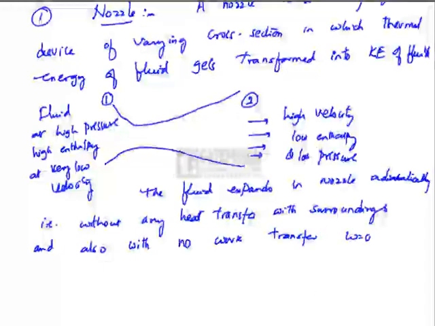W is also 0, Q is also 0. Applying SFEE, Q minus W is equal to delta H plus delta KE plus delta PE.